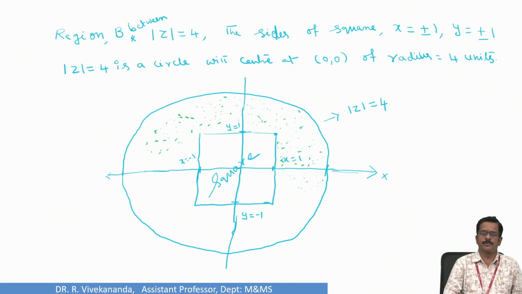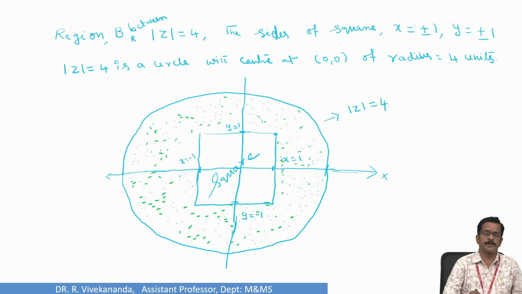Okay, if you sketch the region properly, you shade the region between square and circle, so that's what I am shading, only the in-between part.